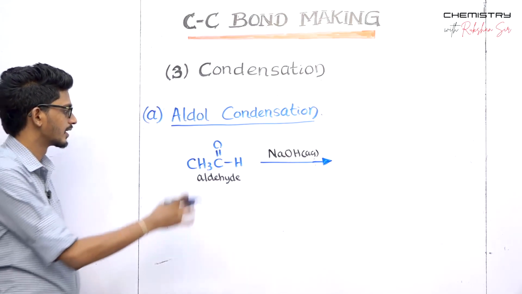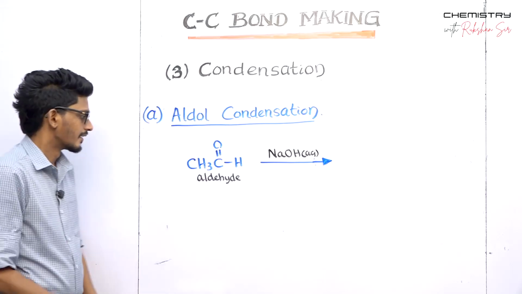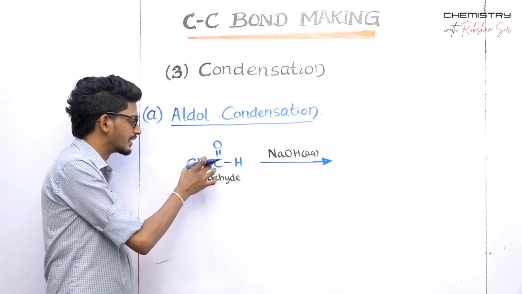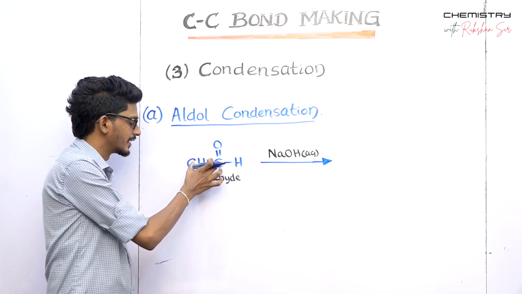Basically the carbon number will be increased by 2 units.